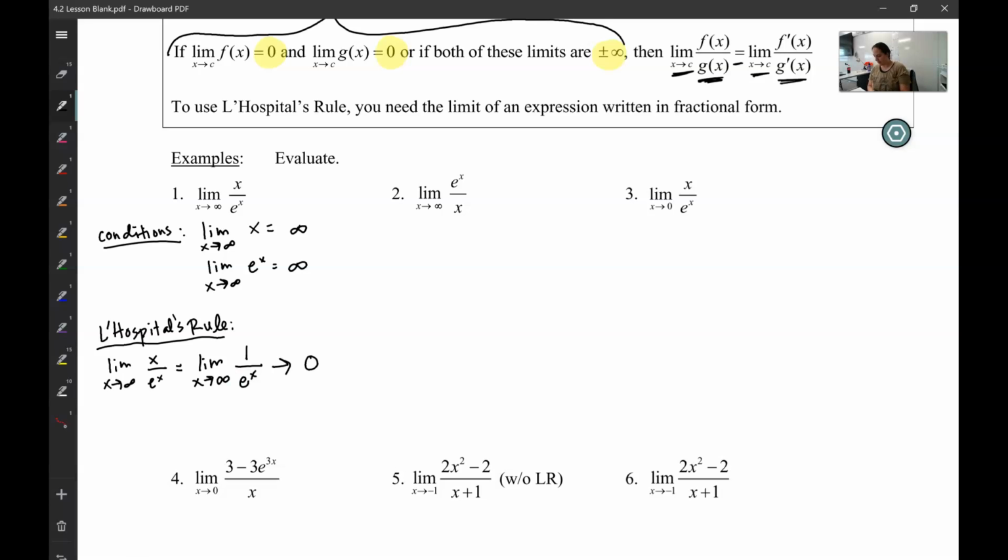Okay, let's try the same thing here. Conditions first. So we have the limit of the top, that's going to go to infinity. And the limit of the bottom, that's going to go to infinity. So this is an infinity over infinity. So L'Hopital's works again.